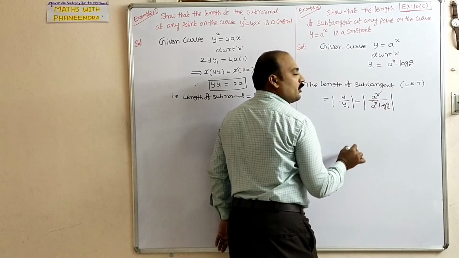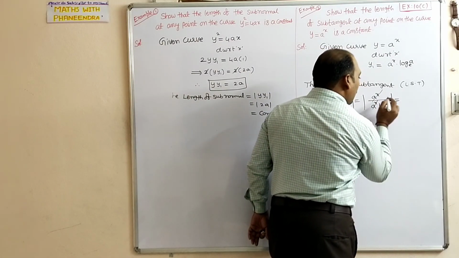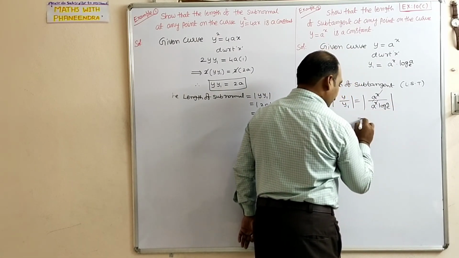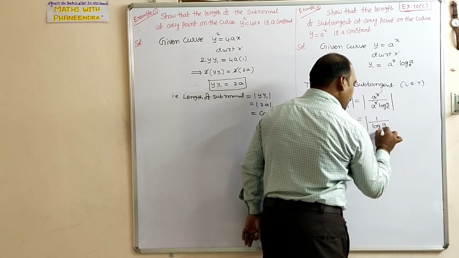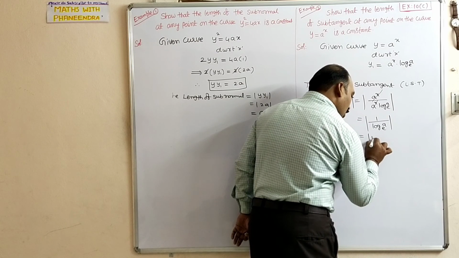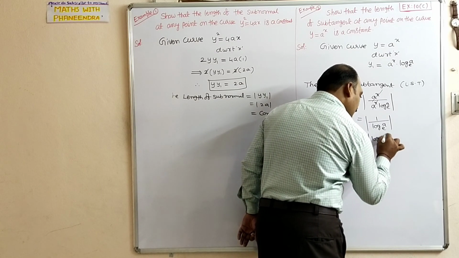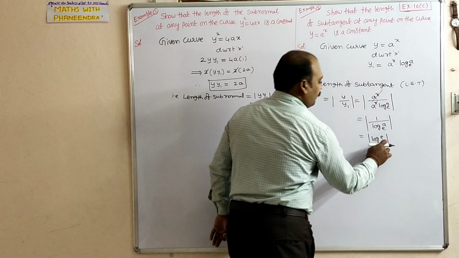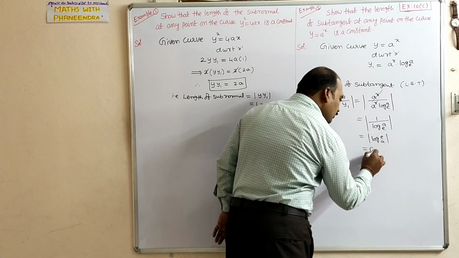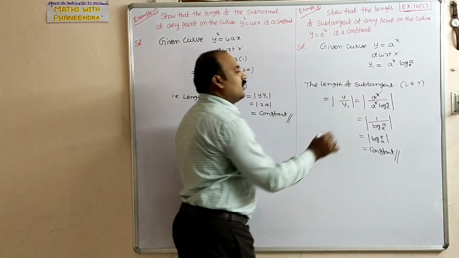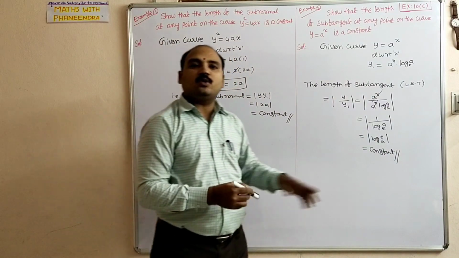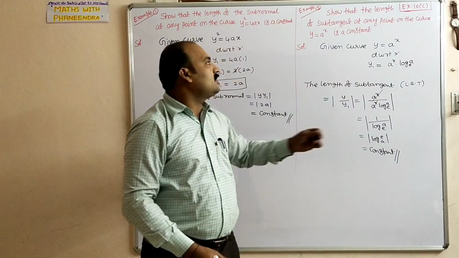So a power x gets cancelled. 1 by log a to the base e. We can write it as mod log e to the base a, which is a constant only. Therefore, the length of subtangent is also a constant, hence the result.